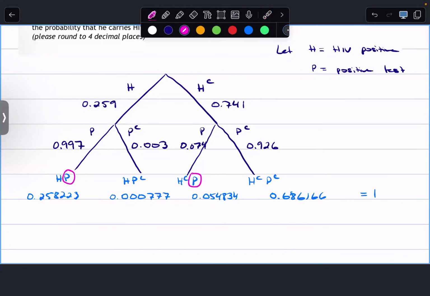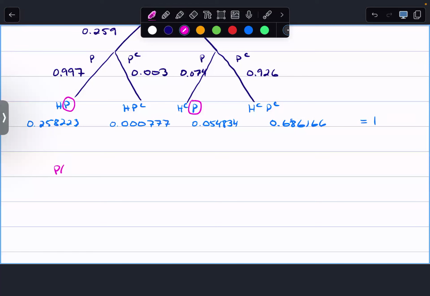And so what we want to find is the probability of testing positive is having HIV and testing positive, or, I'll write or here, not having it and testing positive. We have those components already calculated, so we just have to jot those down. 0.258223 plus 0.054834.